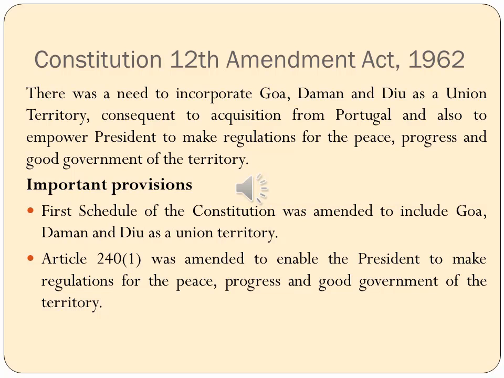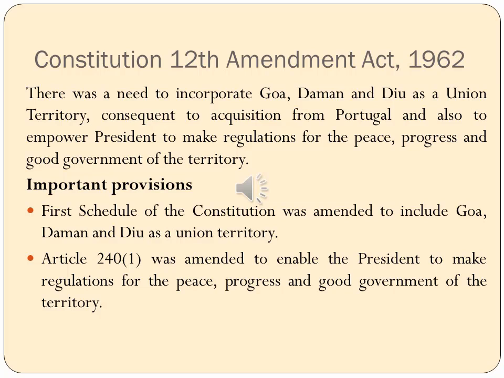So just like the 10th Amendment of 1961, the 12th Amendment of 1962 was done to include Goa and Daman and Diu as Union territories of India. So Goa, Daman and Diu were added to the Indian country in the year 1962 after the Portuguese departed from these territories, and this gave the power to the President to make rules and regulations for the development, peace, progress and good governance of the people of this territory.